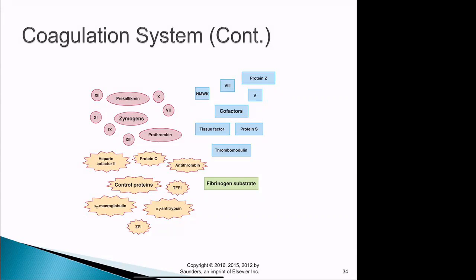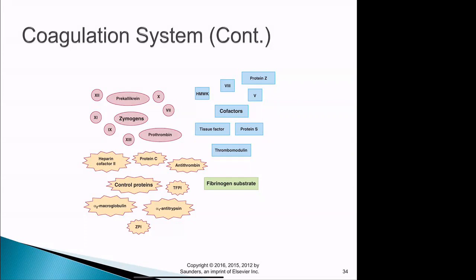Then you have control proteins. Control proteins are proteins that regulate coagulation. Basically, they either enhance coagulation or inhibit it in some way, and they all work a little bit differently. We need to have these control proteins in place, because what would happen if we had factors that were constantly coagulating? We'd be forming clots all the time, right? So our body has a way of stopping these clots and reversing them.